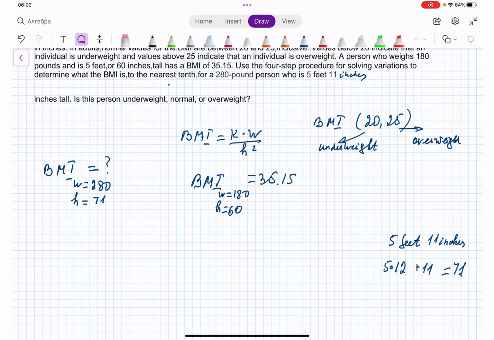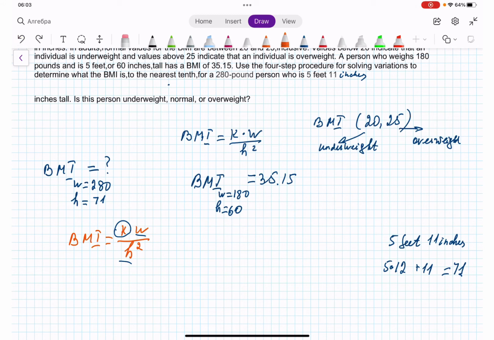We have our formula. Let me rewrite it so I can do drafting on it. K times W divided by H squared. So we have our H, we have our W. All we need to know is K. K we're going to find out from this data.